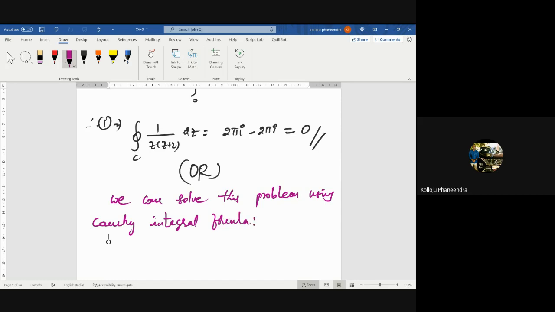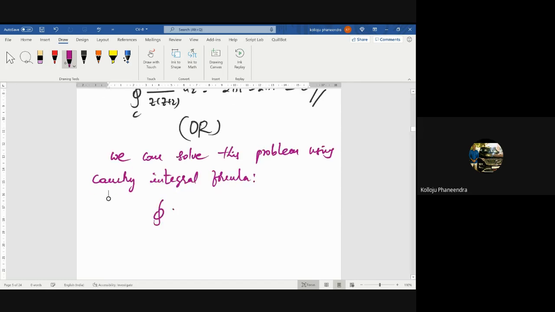What is that formula? Integral over C of f of z by z minus a dz is equal to 2 pi I into f of a.